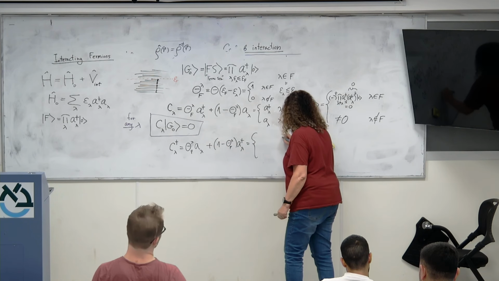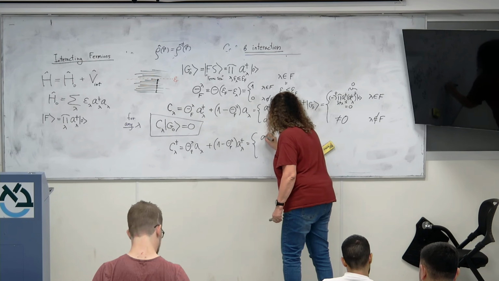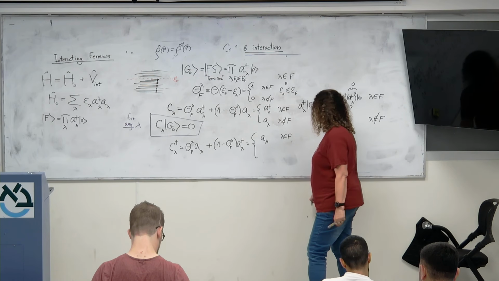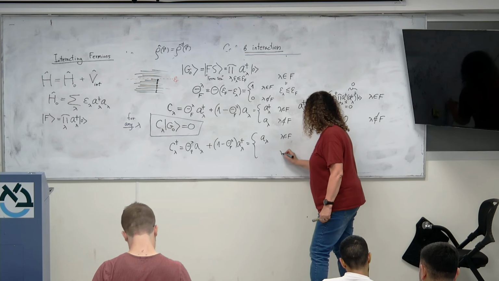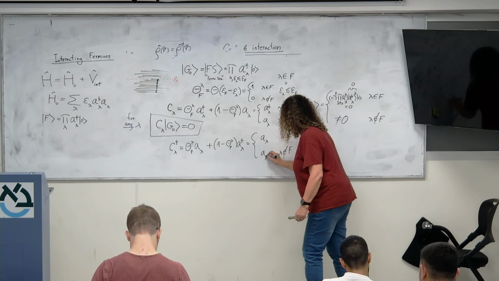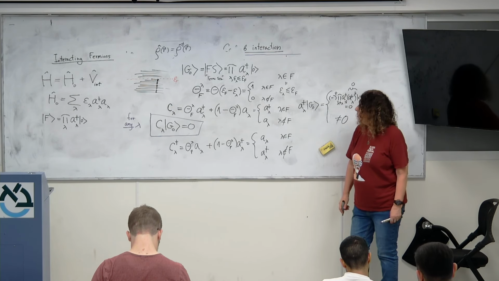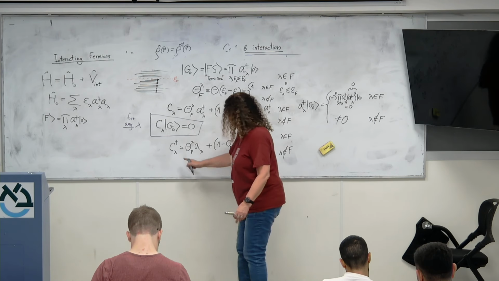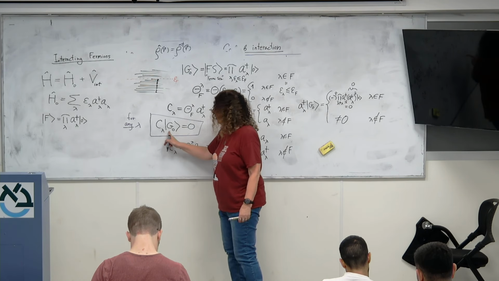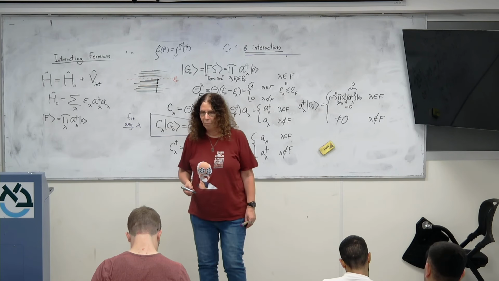If lambda belongs to F, it's an annihilation of the state lambda. If it does not belong, it's a creation. Okay? So, when we apply C dagger on G naught, we get an excited state.